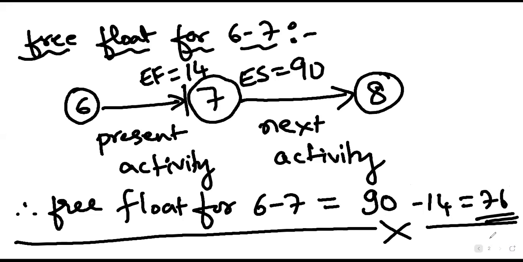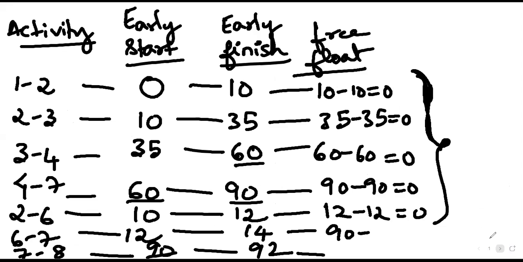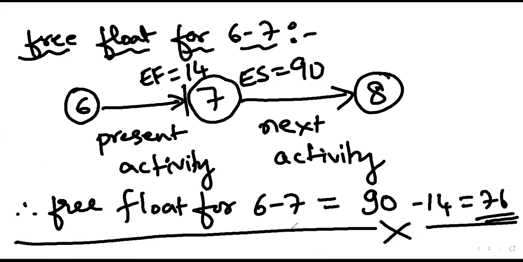One last activity is remaining, and that last activity is 7-8. How do we calculate the 7-8 free float? Because there is no next activity.